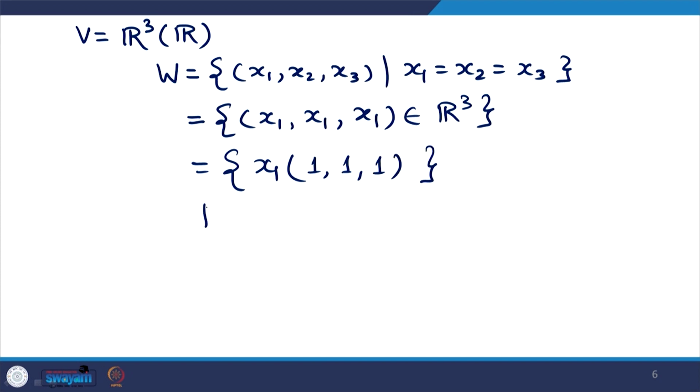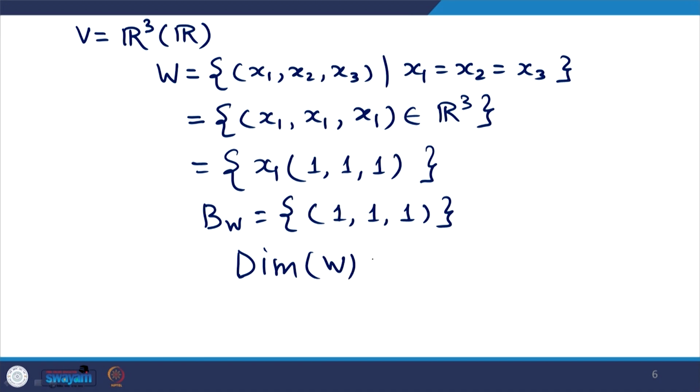So, the basis of W is having only one vector (1, 1, 1). So, any vector of W can be written as some scalar times this (1, 1, 1). So, dimension of W is 1.